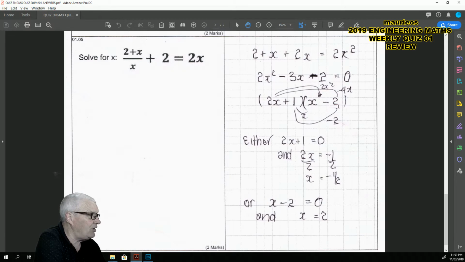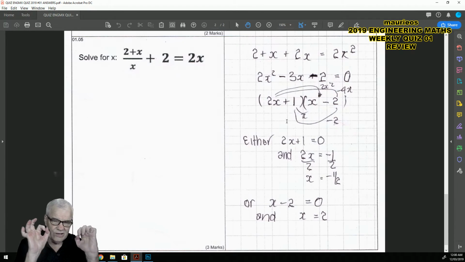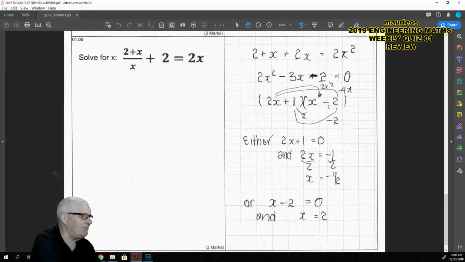So if we multiply those two numbers together and get 0, one of the numbers must be 0. It'll be true if one of them's 0. So either 2x plus 1 is 0, and then the whole thing will be 0, or, as I've got down the bottom here, x minus 2 equals 0.